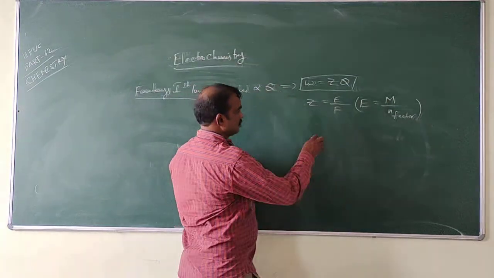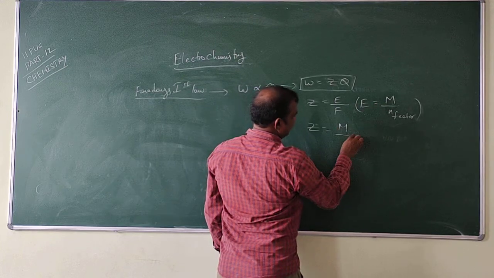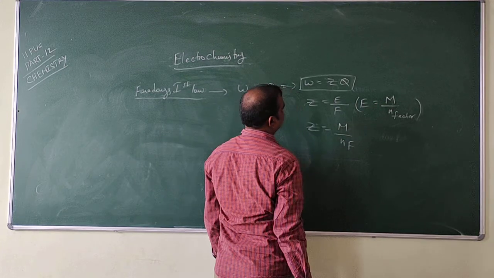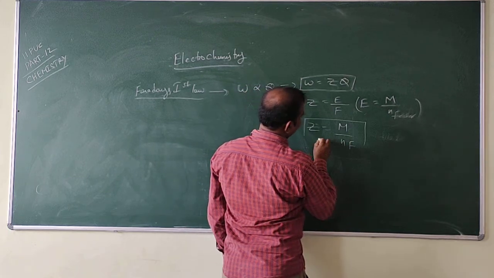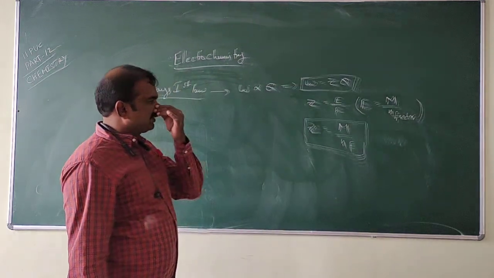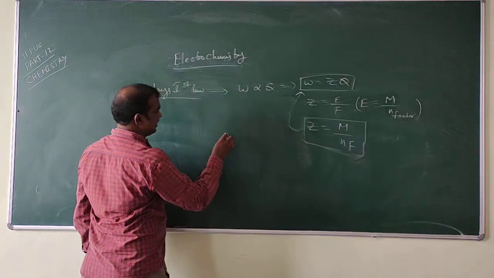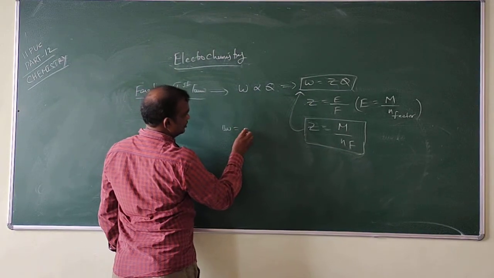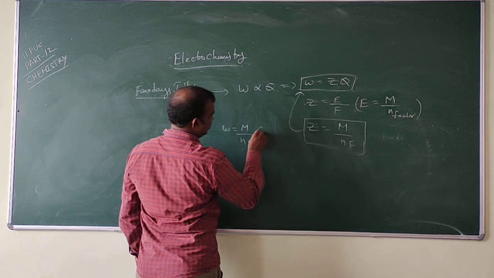If you substitute, Z is equal to M by nF. Substituting this Z value, we get W is equal to M by nF into Q.